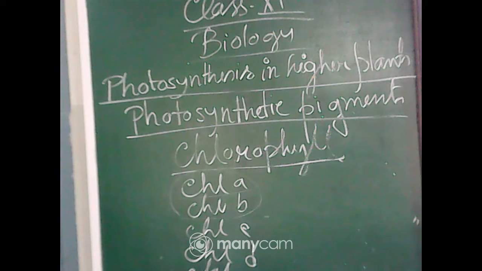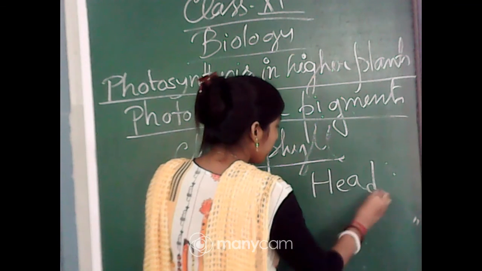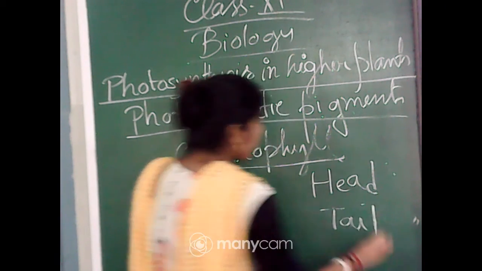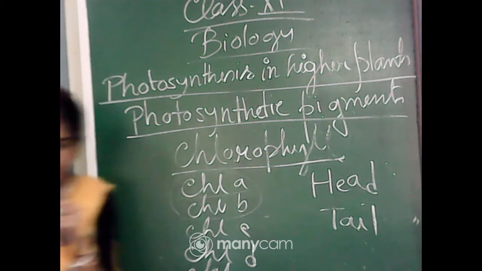What is the difference between chlorophyll A and chlorophyll B? The structure of chlorophyll is complex, with a head and a tail. The head portion has a porphyrin ring, and the tail has a phytol side chain.